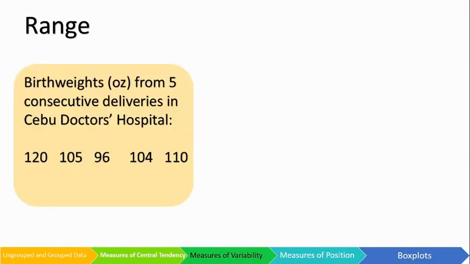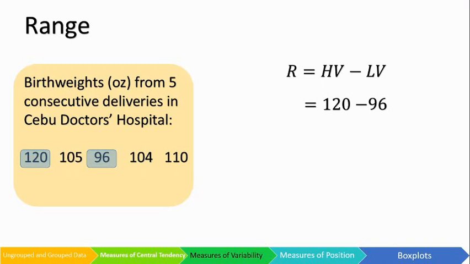First, the range. The range is really just the difference of the highest and the lowest value in the distribution. So in this case, we have 24. However, because we only took into account the two extreme values in the dataset, the range is the crudest and simplest measure of variability.